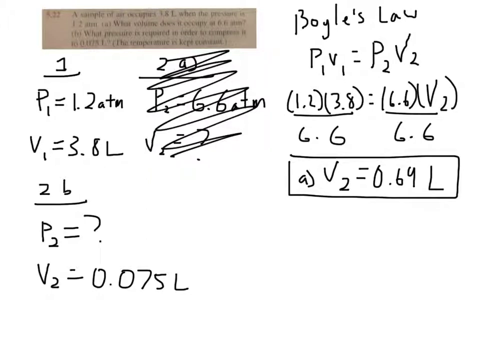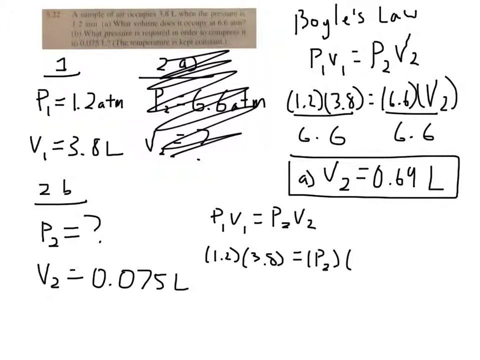Once again, we're going to use Boyle's law where P1 V1 equals P2 V2. We know P1 is 1.2, V1 is 3.8. P2 is our variable, and V2 is 0.075.